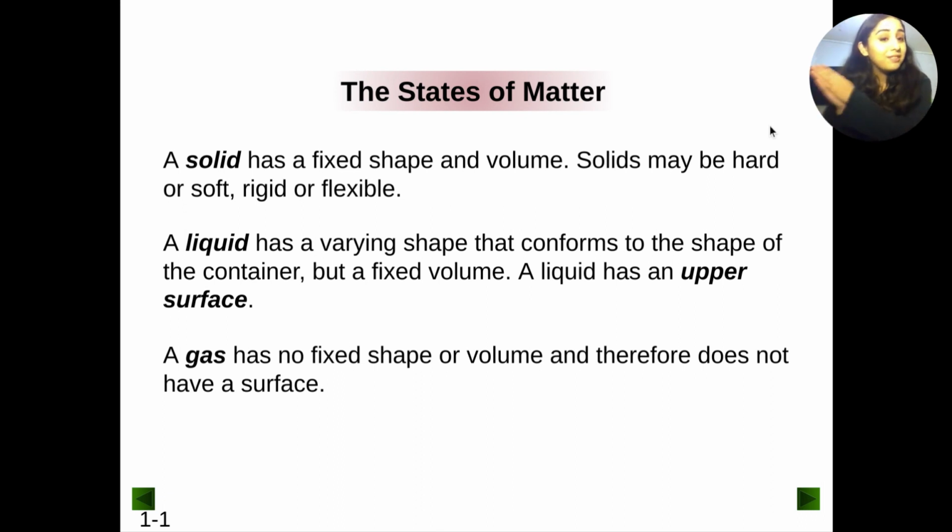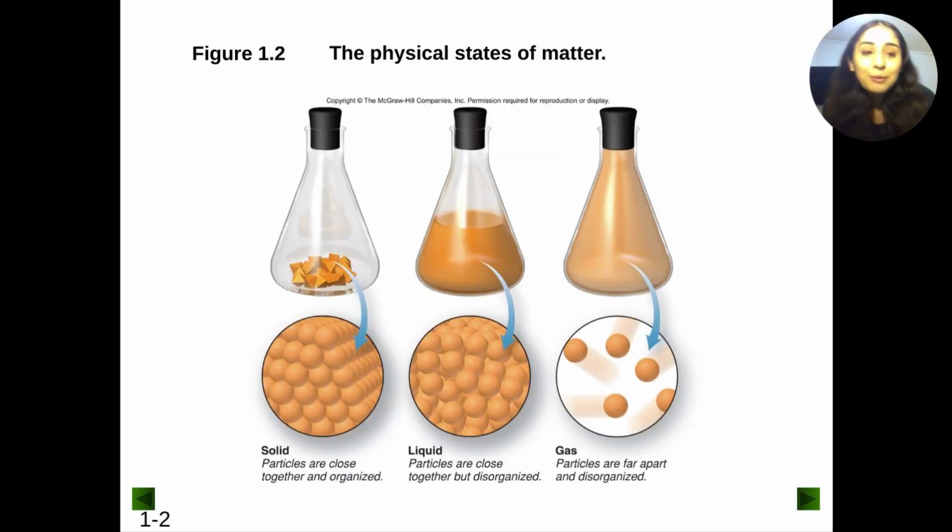But solids have shape and volume, and then liquids only have a fixed volume. Remember that. So here are the physical states of matter at a molecular level. A solid is super tightly packed and organized. That's why it's solid when you touch it.